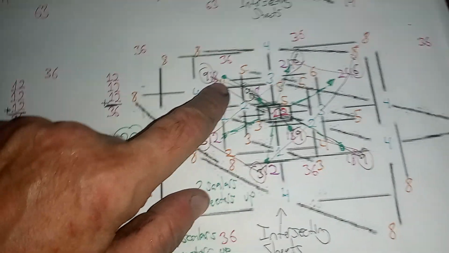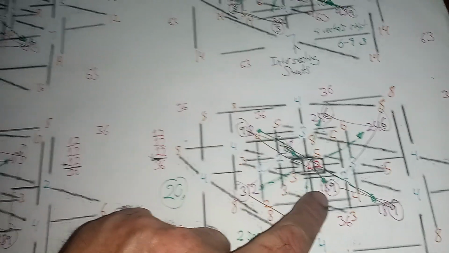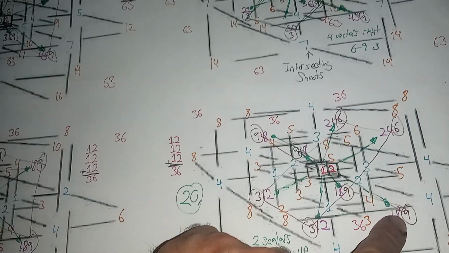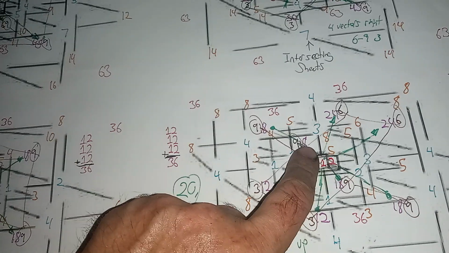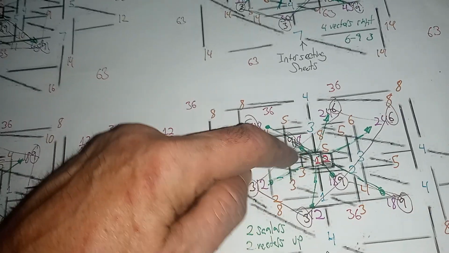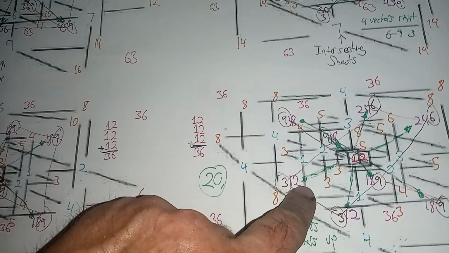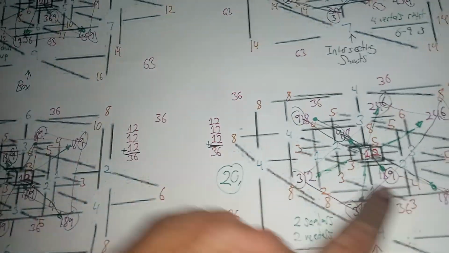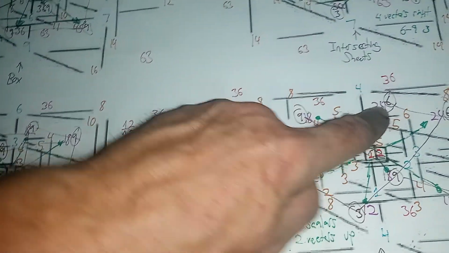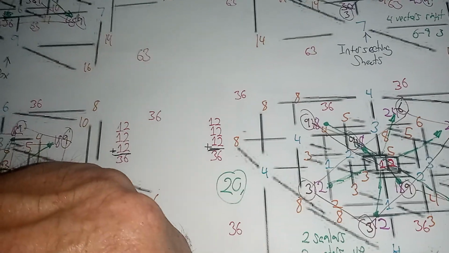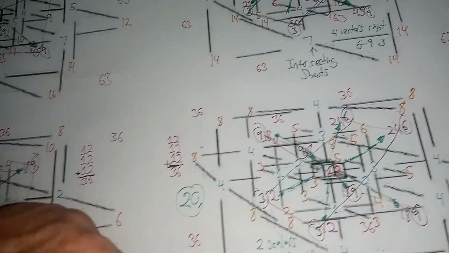Like right here is 18 up here and 18 down here for the inner ghost numbers, 18 down here and 18 up here. And then there's 2 scalars and 2 vectors up, 12 down here and 24 up here, and 12 down here and 24 up here. So 2 scalars, ones that don't have direction, and 2 vectors up.